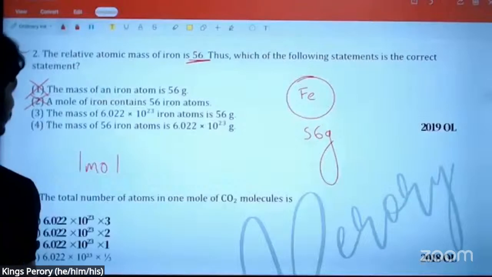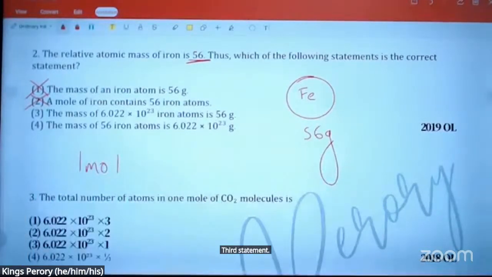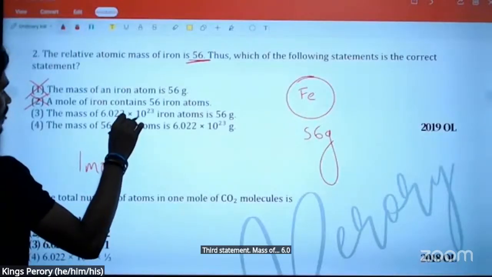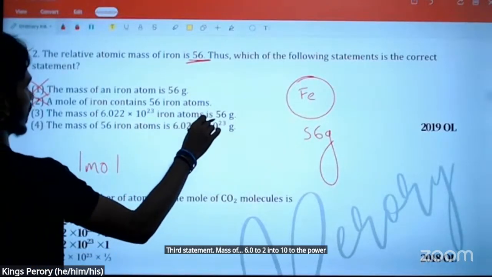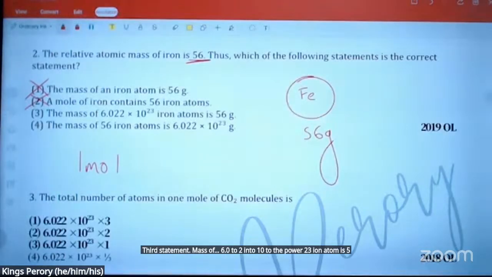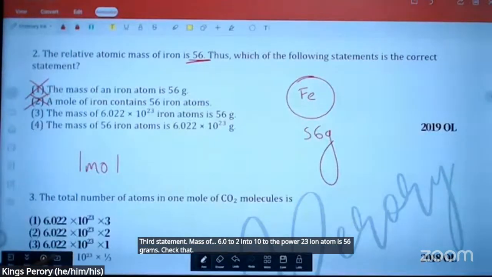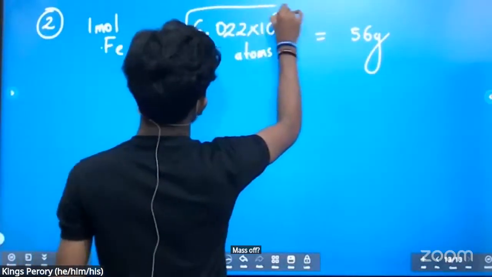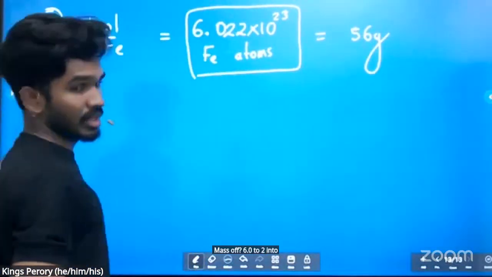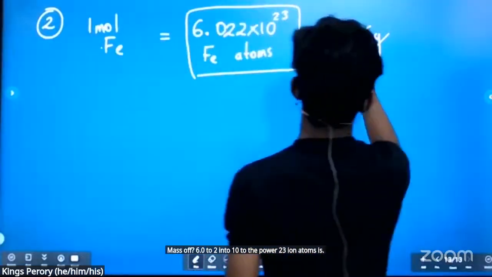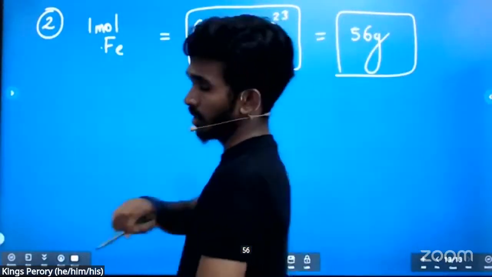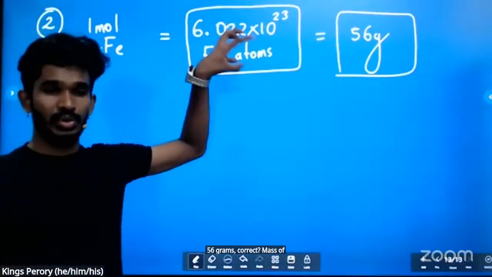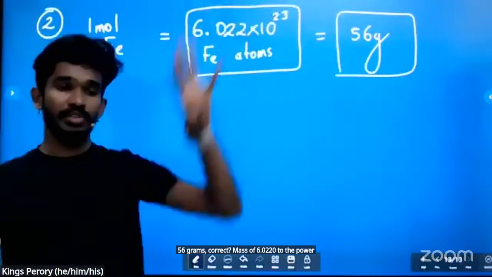Third statement. Mass of 6.022 into 10 to the power 23 iron atoms is 56 grams. Check that. Correct or wrong? Mass of 6.022 into 10 to the power 23 iron atoms is 56 grams.